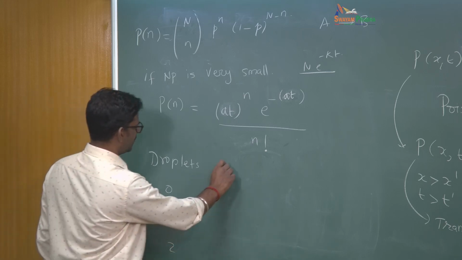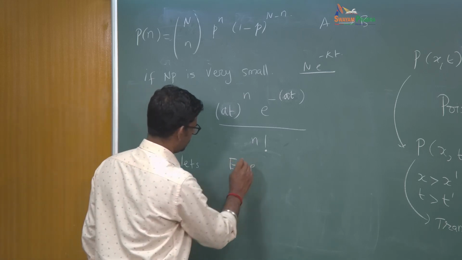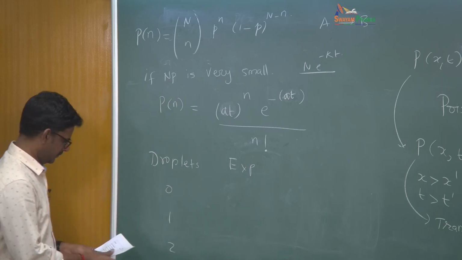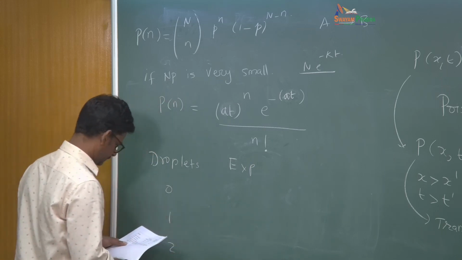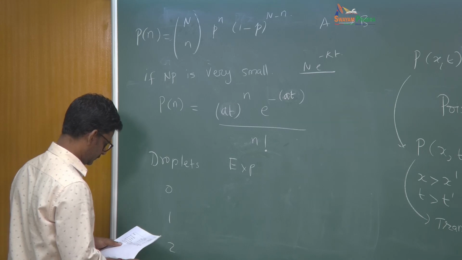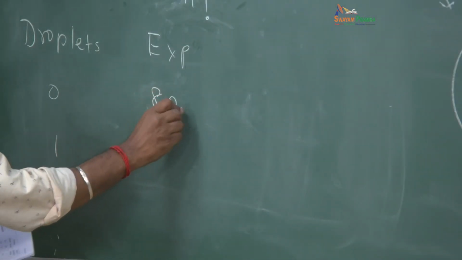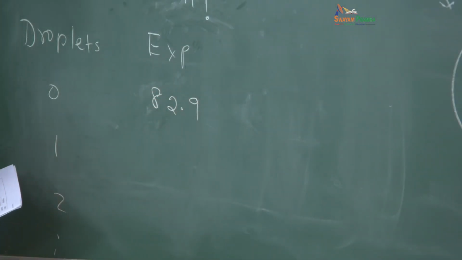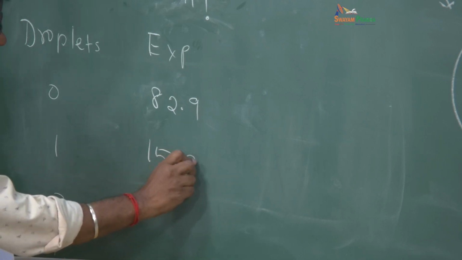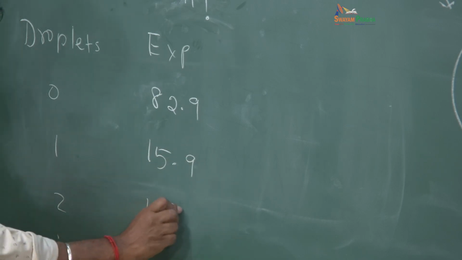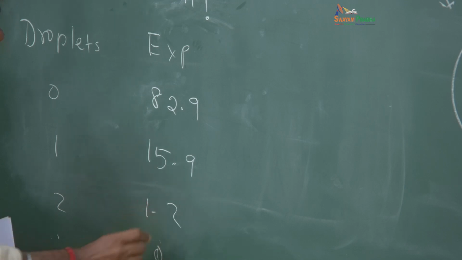And what they experimentally found was 82.9, 15.9, this is 1.2, and then subsequently it's all 0.